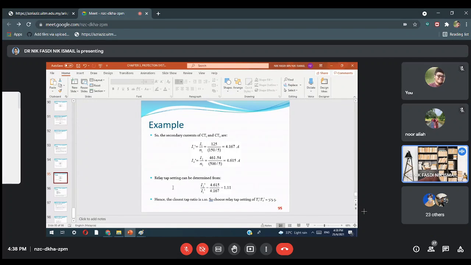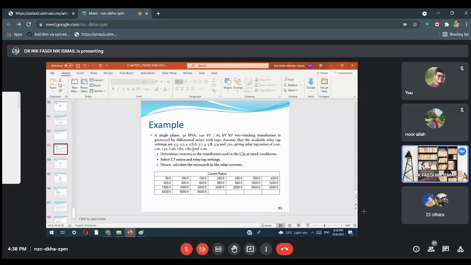Okay. Relay tap setting can be determined from this equation. So this is the ratio between I2 prime and I1 prime, which is equivalent to 1.11. Hence, the cross-set tap ratio is 1.110. So choose relay tap setting 111. Sebenarnya gini, 1.11 ni dia back to the question kat sini. Okay.